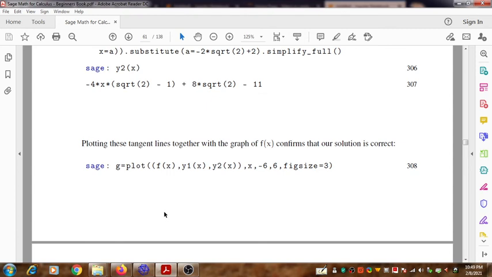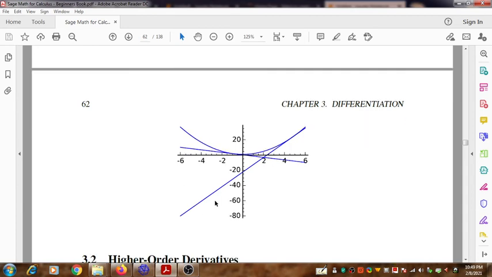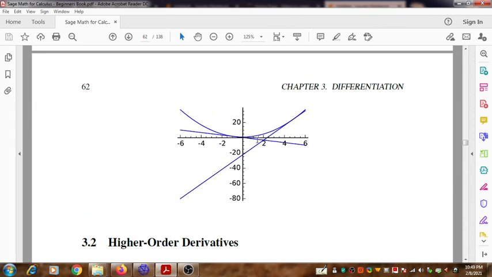Finally you can go for plotting of the three curves. First curve is fx, and then second curve y1x, third curve y2x together in one figure, and you can see that this kind of figure must be obtained as its output.